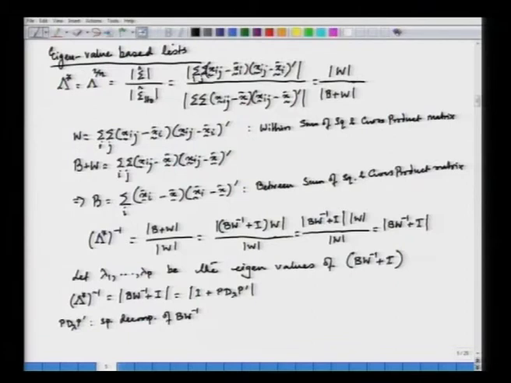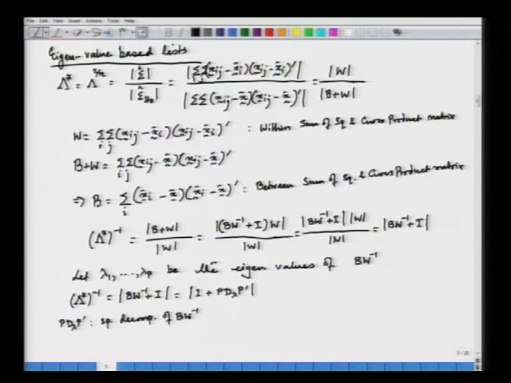If that is the spectral decomposition of BW inverse, then these are the eigenvalues of BW inverse and not of BW inverse plus I, because we are keeping this I separate and using P d lambda P prime for this part only, BW inverse. So, it is the spectral decomposition of this matrix, and as a result these are eigenvalues of BW inverse, and P is the orthogonal matrix whose columns are the corresponding orthonormal eigenvectors.